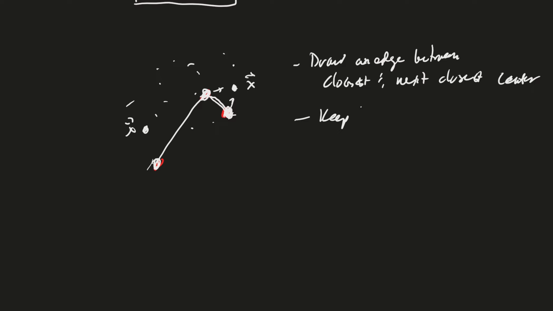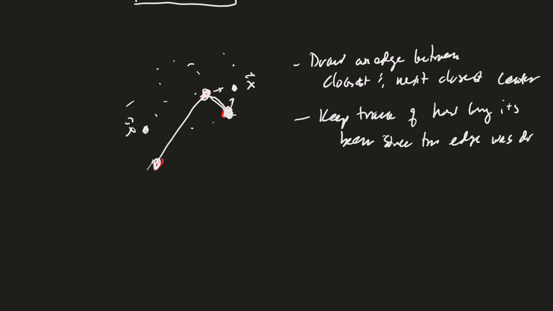Keep track of how long it's been since the edge was drawn, and if the edge time is greater than some value, let me check real quick, I'm using capital T in the notes, then remove the edge.